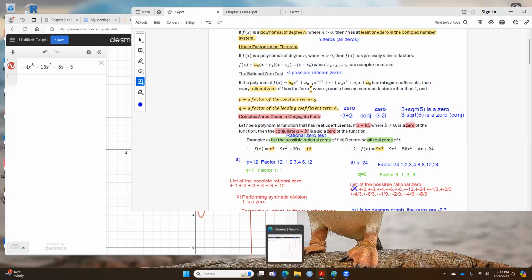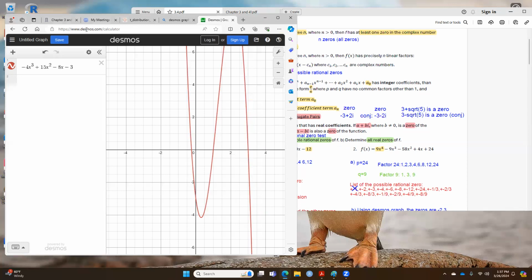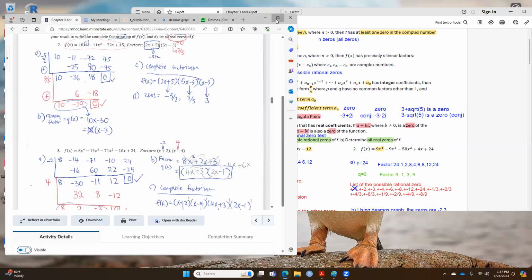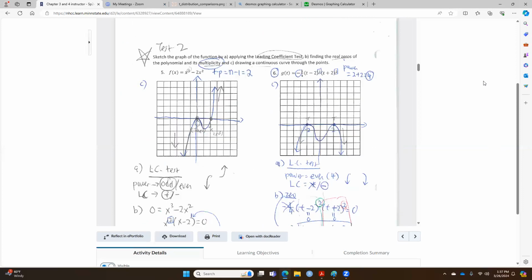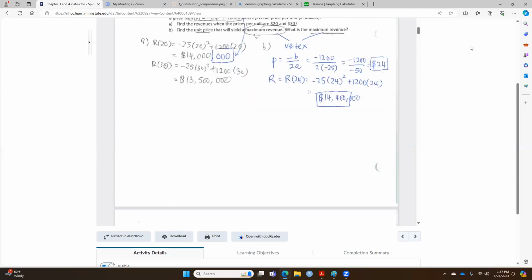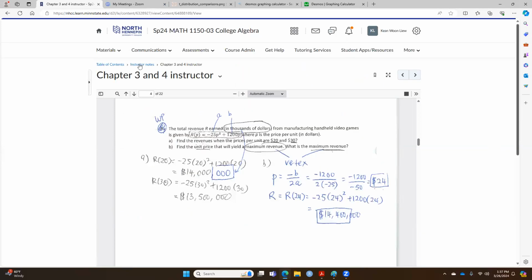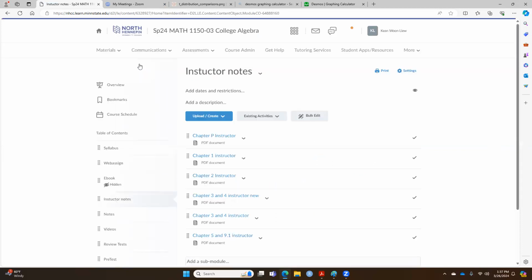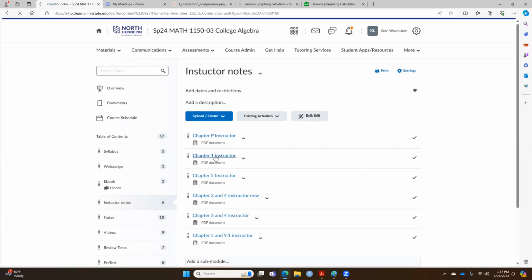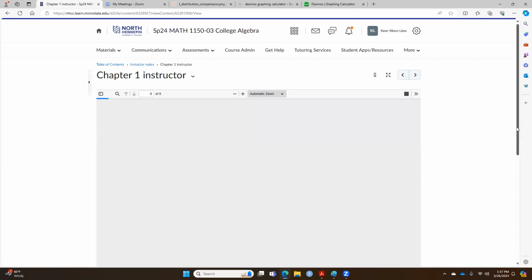It's all based on your quadratic formula. Remember what we did way back in chapter 1 when we solved equations using the quadratic formula.